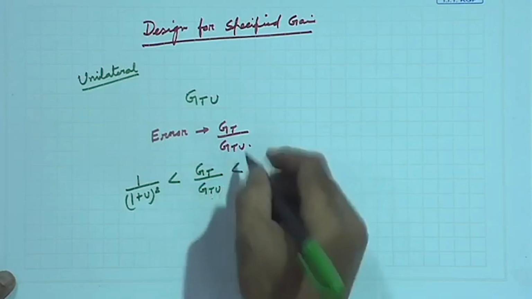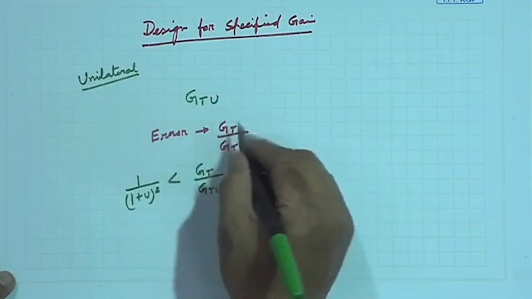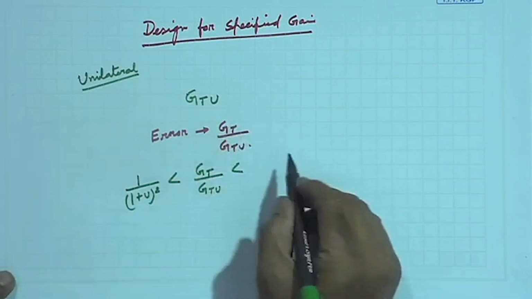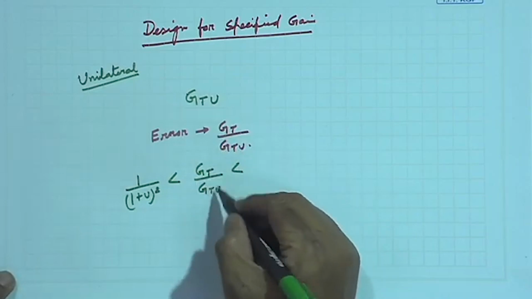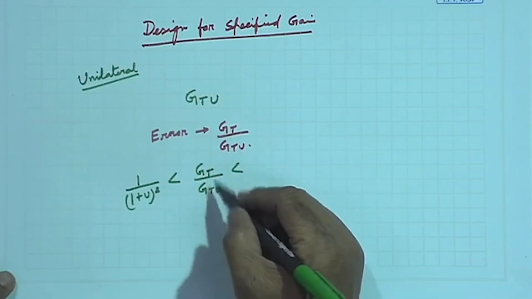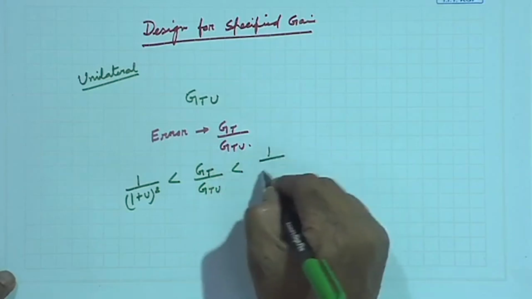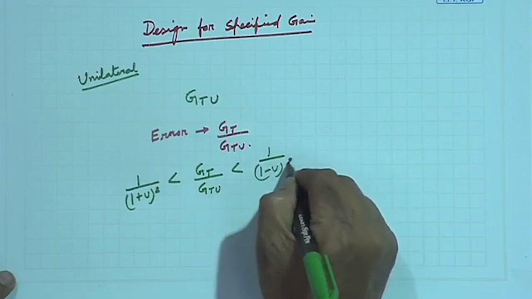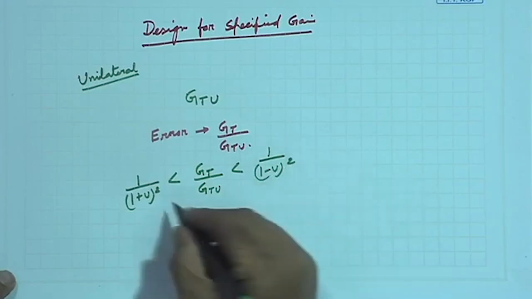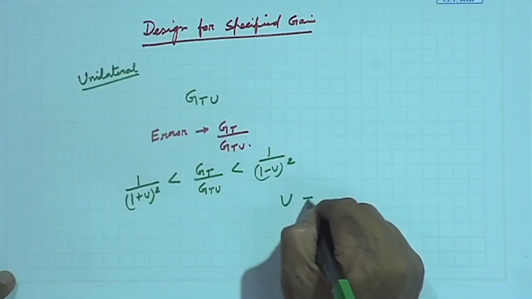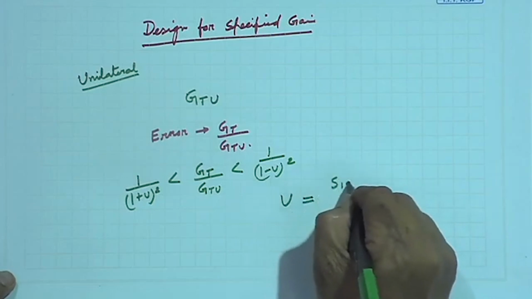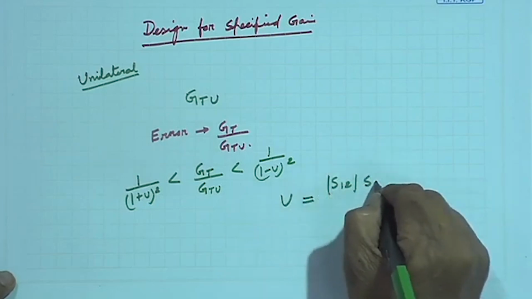So, this error, or this ratio GT by GTU, means if I make this assumption, I am committing an error, my gain is off the mark by this, that has an upper bound and lower bound, where U depends on all S parameters of the device.